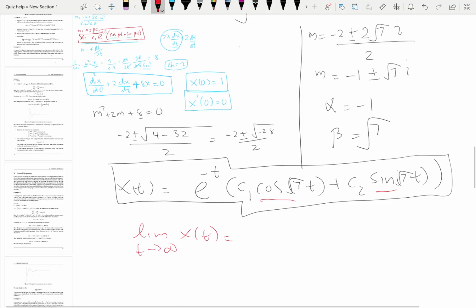The exponential decay term will dominate over sine and cosine. So even though you have oscillatory motion, it will be damped out to 0. The motion will still approach the rest position even though you have oscillations.